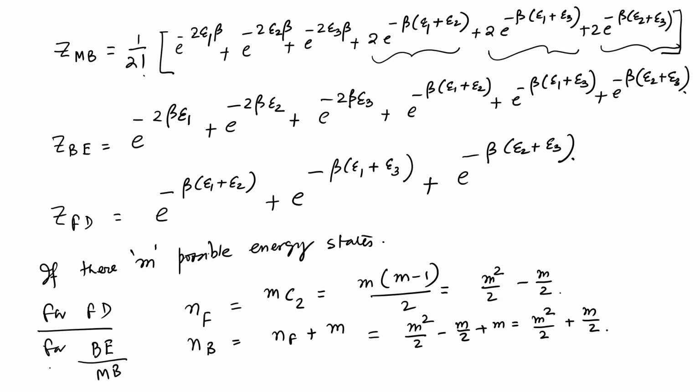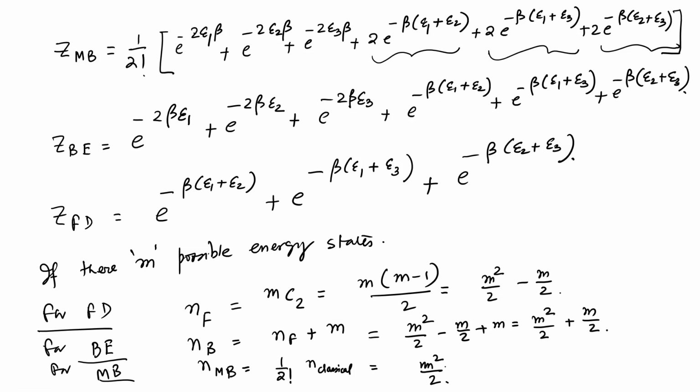So, MB, so this is n MB or classical, we can call it classical. Let us write it MB because C also stands for canonical, and this is equal to 1 by 2 factorial and n which is classical, and this is equal to m square by 2.